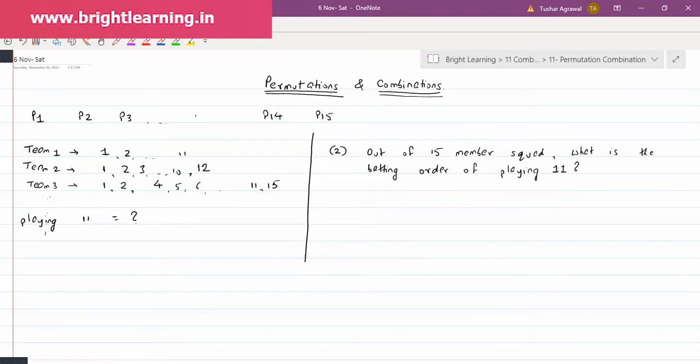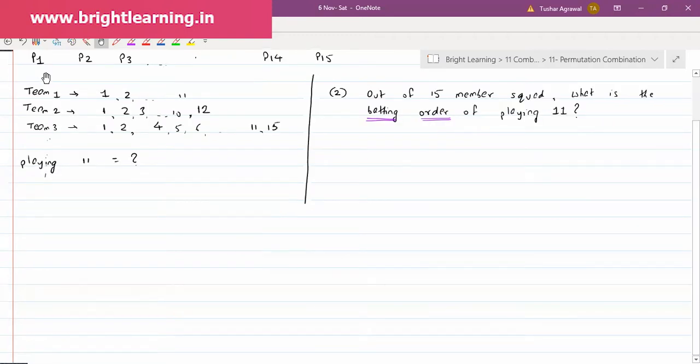Now you have to do two things. First you have to pick up the playing 11 team, and once you select the team, you also have to give the batting order, in which order they will bat.